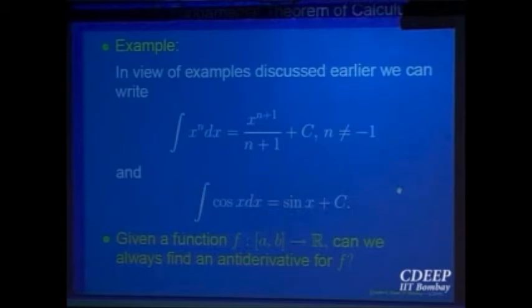Now the important question comes. I said you write the set of all possible antiderivatives as a set for a given function f. Now the question is, does it have at least one element inside it? Given a function small f on an interval [a, b], is there at least one antiderivative for it? Does it exist? If it does not exist, then there is no question of finding it, right?